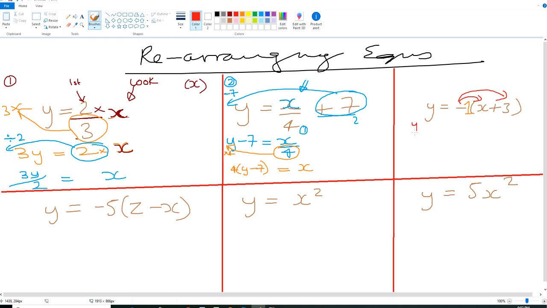So now that will give us y is equal to minus x. Oops, I'm about to make a mistake there. Minus 3, because minus 1 times by plus 3 is minus 3. Now remember, we've got to work out the value of x. I'm going to put that in a nice bright color for you.